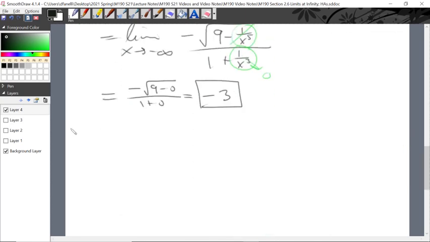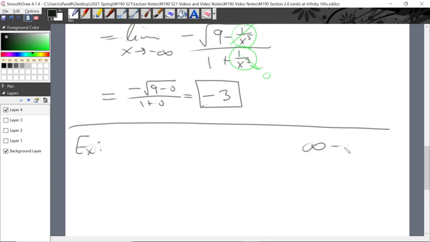All right, let's take a look at some more examples of other complications. Let's take a look at infinity minus infinity. Infinity minus infinity is an indeterminate form. This would be our third indeterminate form. We've already seen 0 over 0 previously, and we've seen infinity over infinity.